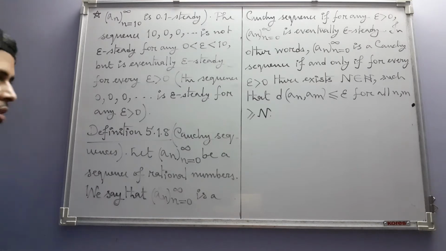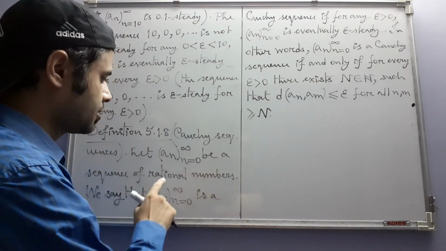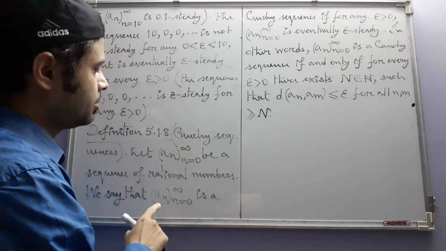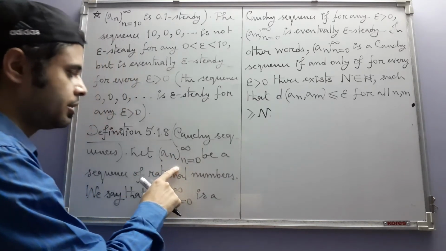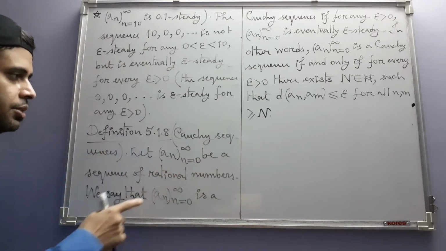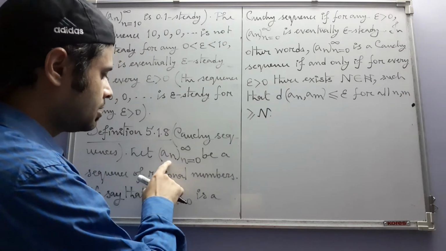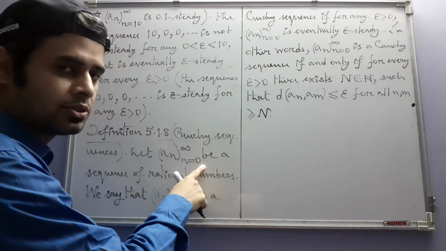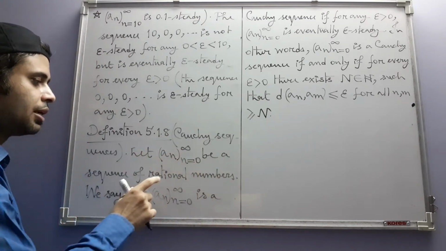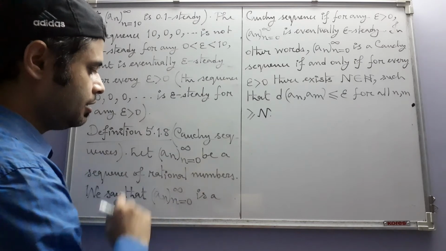Okay, now there is a thing that I should perhaps mention at this stage. Note that in the definition of a Cauchy sequence as well as the definition of an eventually epsilon steady sequence, the sequences we used have indices starting from 0. However, you can start the index from any integer.